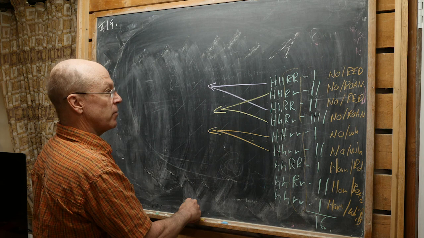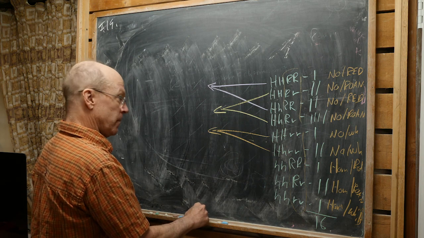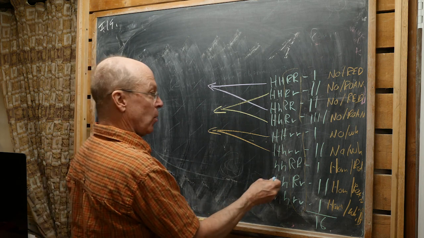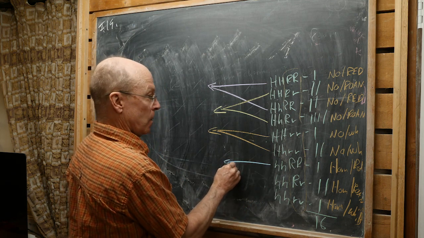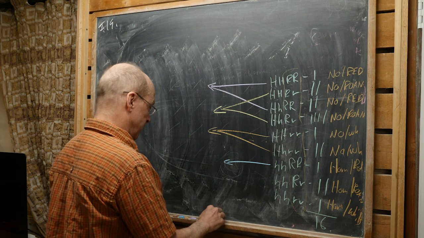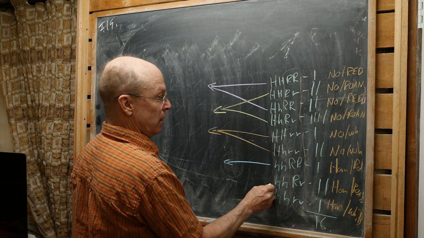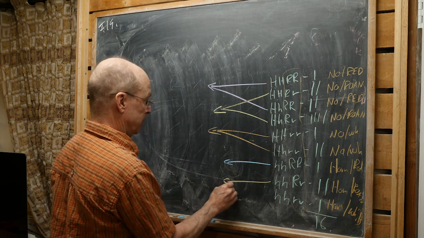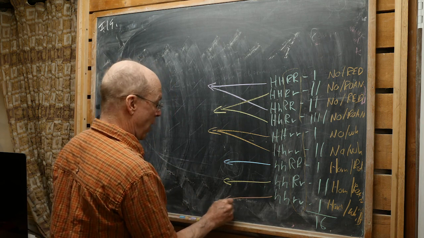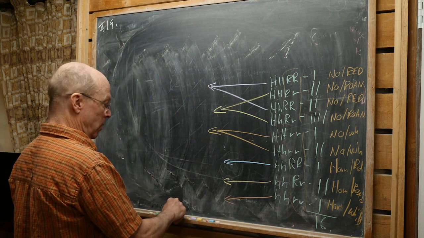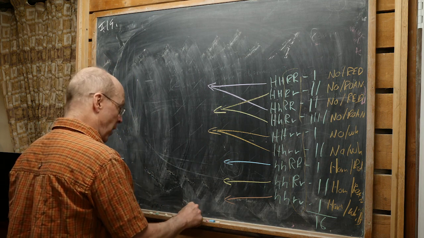Let's make sure everything's okay. We're getting there. Use blue for this one. This is horned and red. That's all we got. This one is horned and roan. And this one is horned and white. Wow. Okay, so let's write them down then.